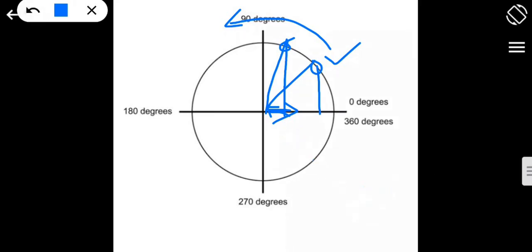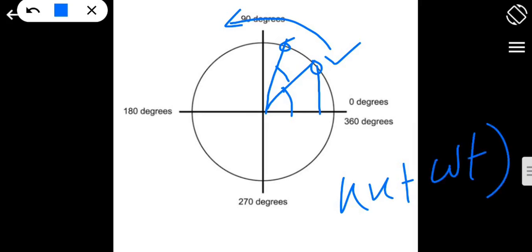So here again, if this angle is kx, and the next angle, this to this, is omega t, then what should be the full angle? kx plus omega t, right?